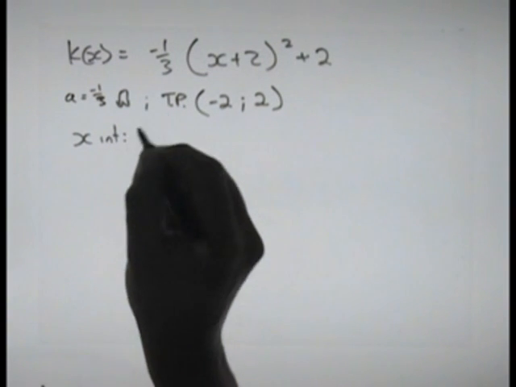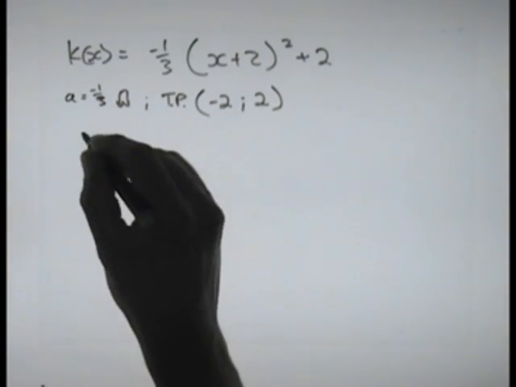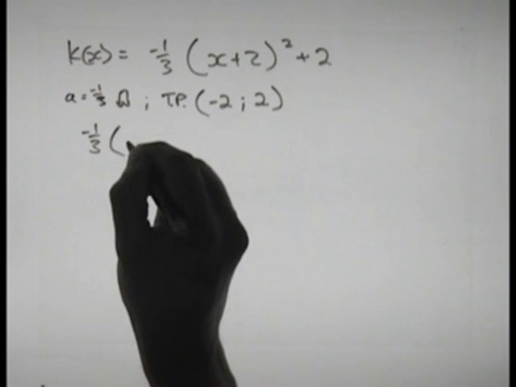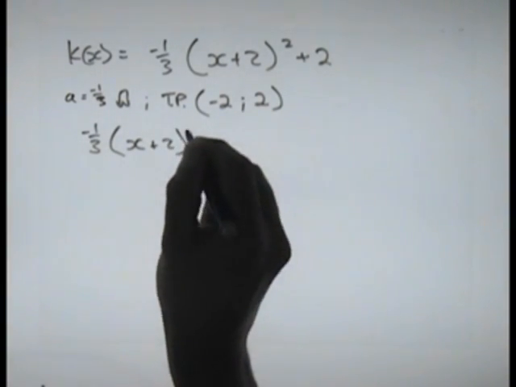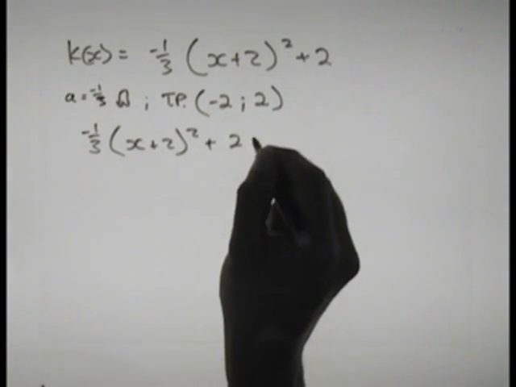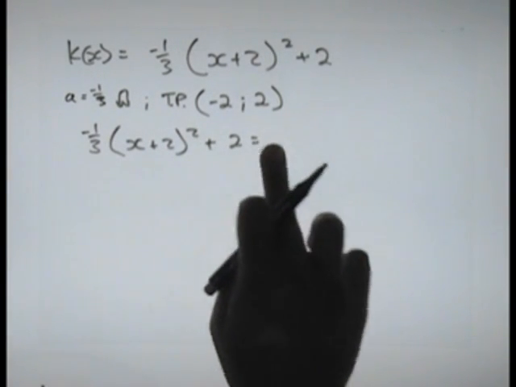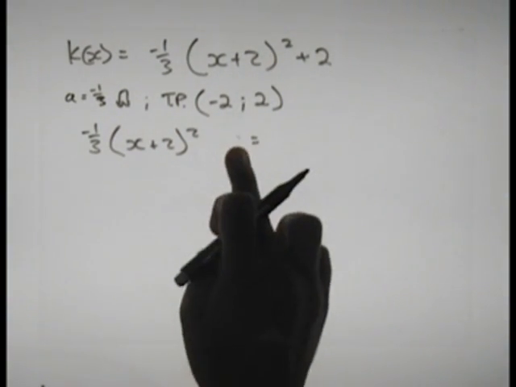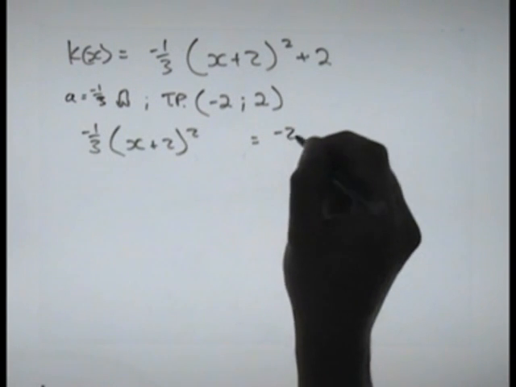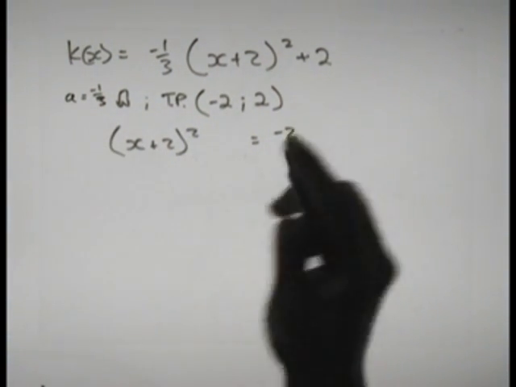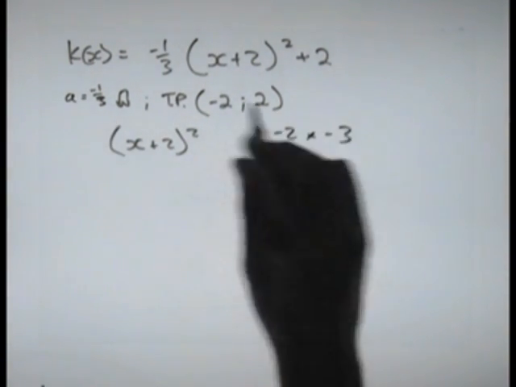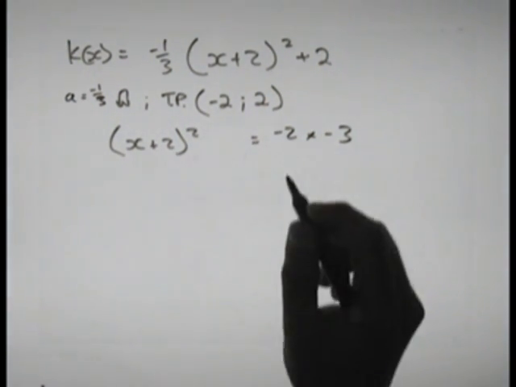X-intercept, when y is equal to 0, that means that -1/3 multiplied by (x plus 2) squared plus 2 is equal to 0. That means if I take the 2 across, that's going to become -2, multiplied by -3 to get rid of the -1/3.